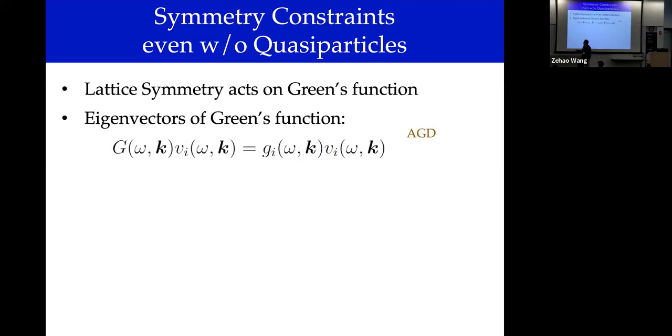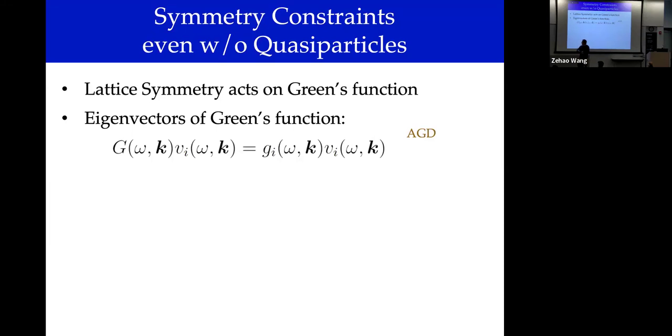Except that if I solve a non-interacting eigenvalue problem, for the non-interacting Hamiltonian, I would end up with a Bloch state that has a k index, some other band index, other quantum numbers, internal quantum numbers. Here, you also have to use omega as an index, just because it's an interacting problem.